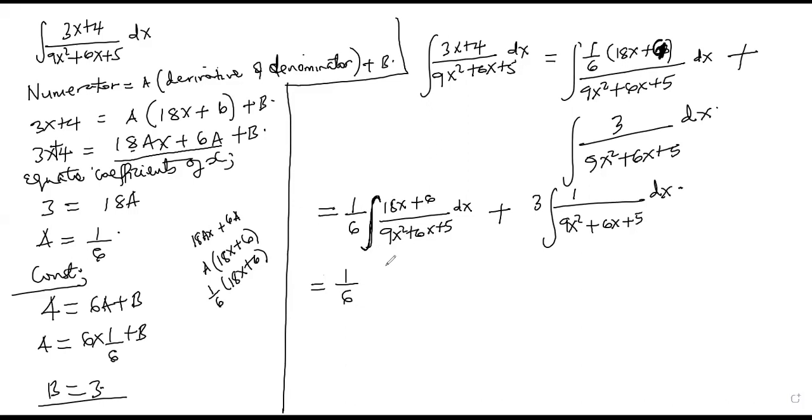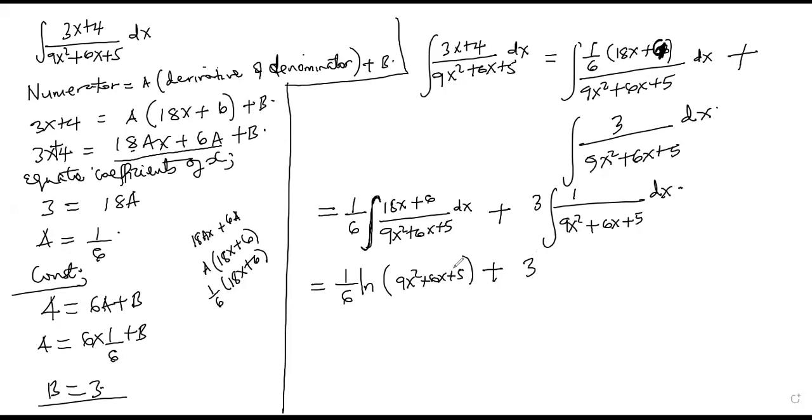So here we shall say ln of 9x squared plus 6x plus 5. Then plus, here it is not the case, meaning you have to apply some other thing. And what thing is that? It is going to be 3. Yes, Emily?